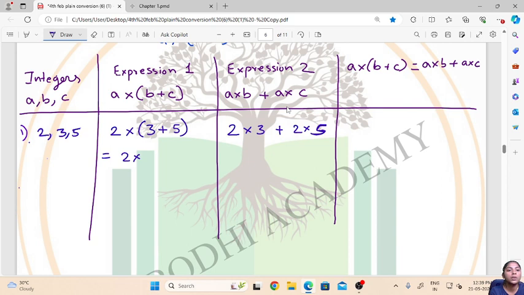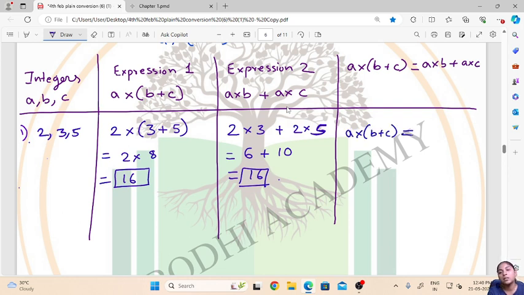We will have 2 into 8, which gives the answer 16, and then 3 2s are 6 plus 5 2s are 10, that is 16. So here we are getting both the answers as 16. Thus a into (b plus c) is equal to a into b plus a into c.